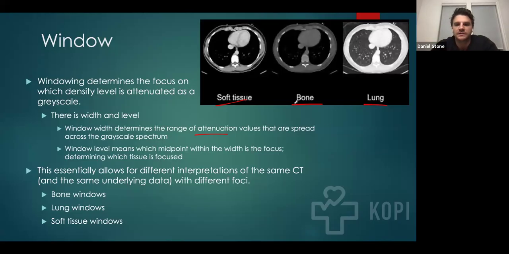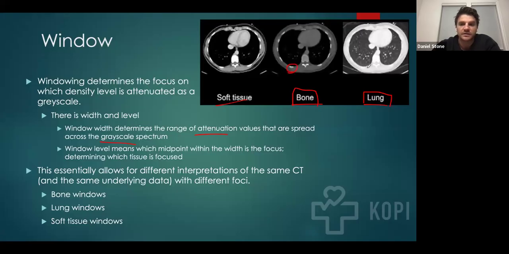Usually, a specific type of window is a narrow window, and the width is narrowed, which basically means that the grayscale spectrum is focused to look at a very specific tissue. What this means is that you will get specific types of pictures from the same image. Now, these are all the same images. This is a CT scan with the same amount of data, and you're focusing on different things.